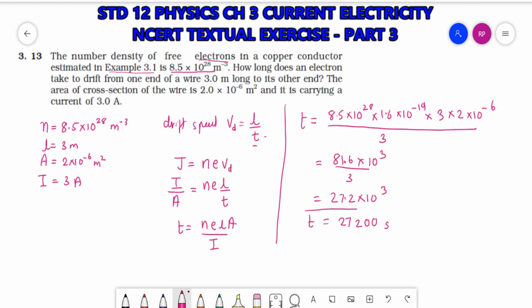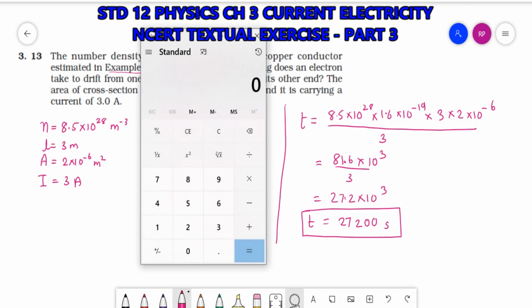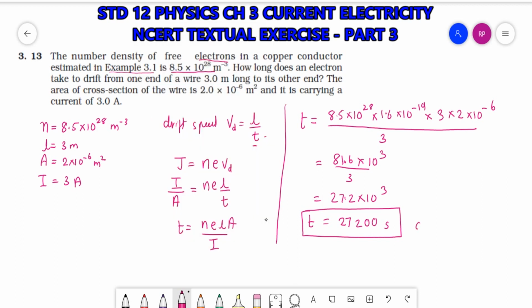So the time it takes is 27200 seconds. Clear? This was about 3.13, so just note it down. If you want, we can convert it into hours: 27200 divided by 3600 is equal to 7.5 hour.